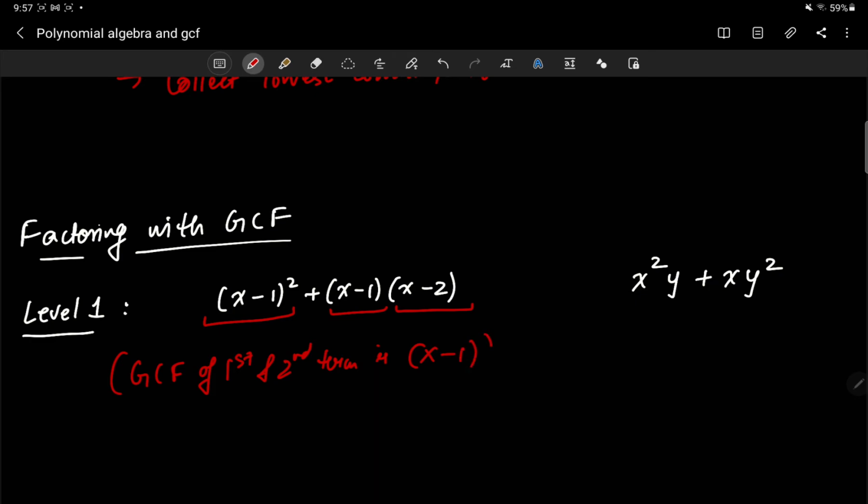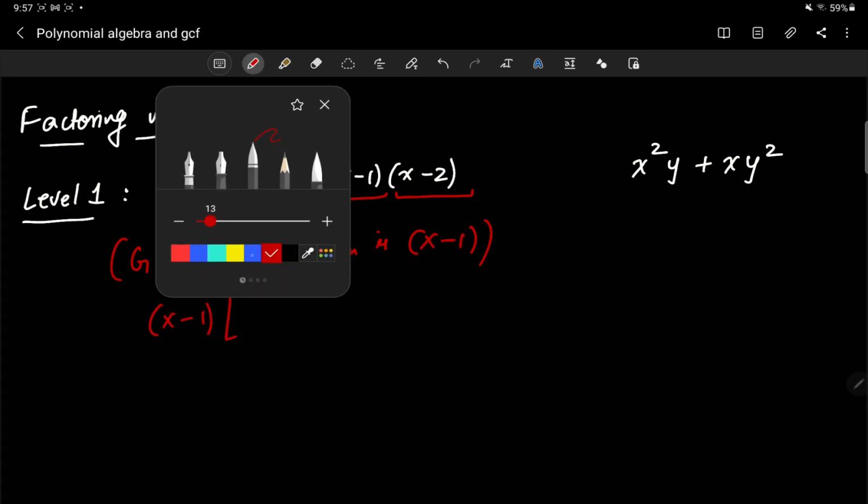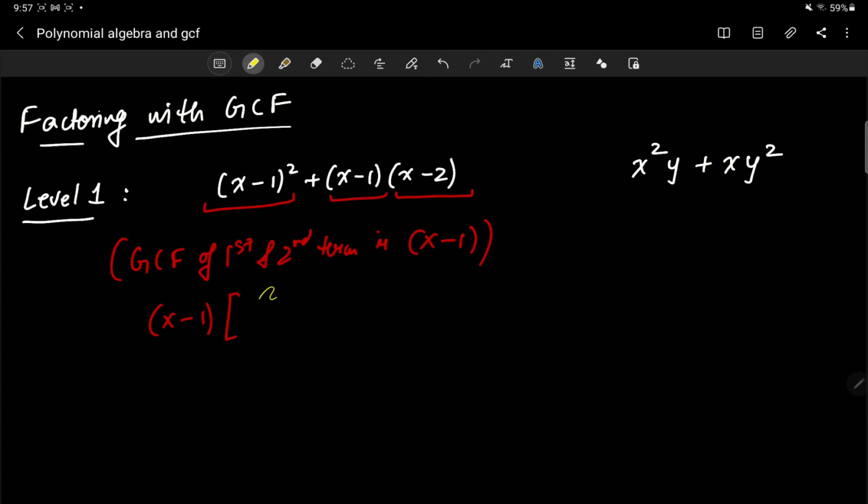minus 1, right? Which means I can factor out an x minus 1 and I can rewrite this as (x minus 1) times [(x minus 1) plus (x minus 2)]. Now let's look at what I did here. So this is the opposite of FOILing.